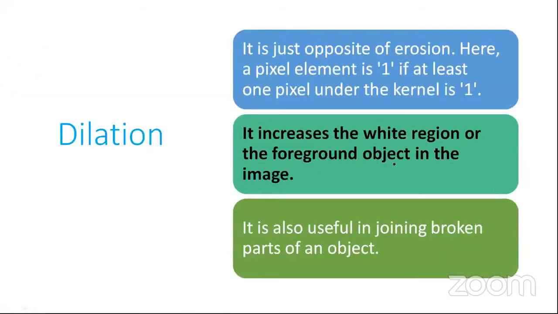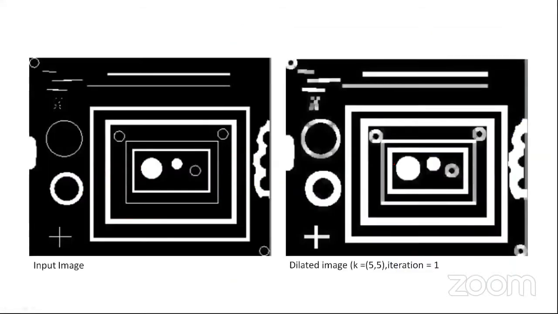Okay. Now dilation is just the opposite of erosion. It basically increases the white region. Suppose I have this circle, but it is not clearly visible to me. You can see there's some intensity related issue, right? It is not clear.